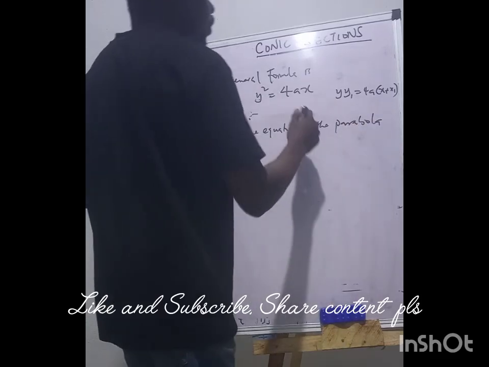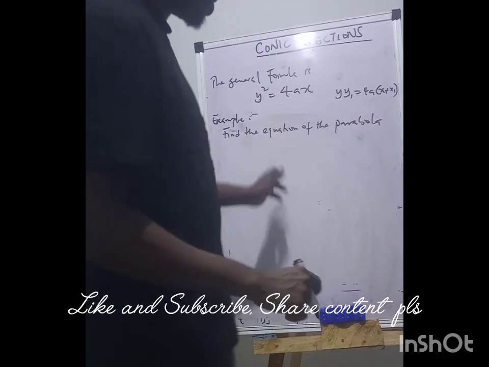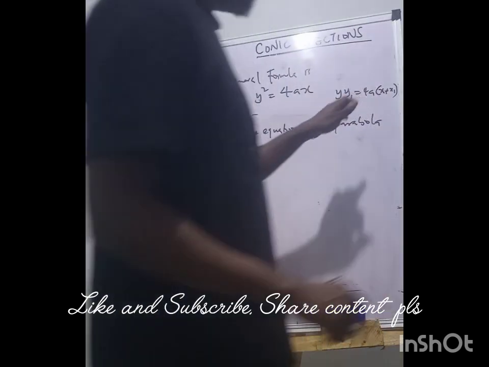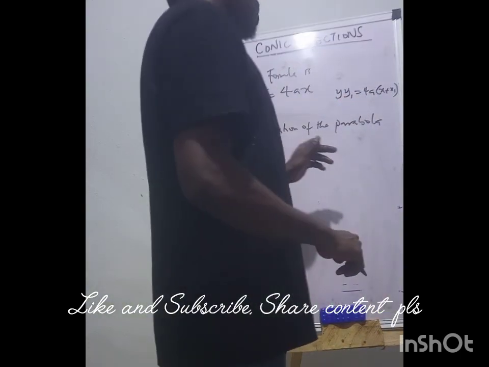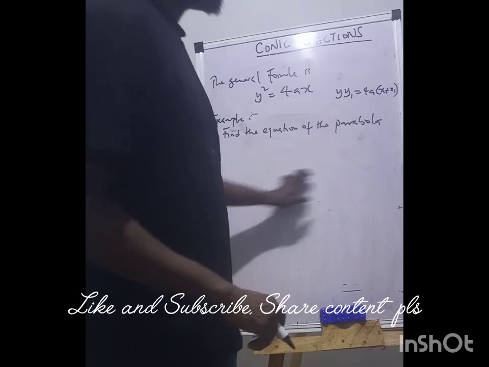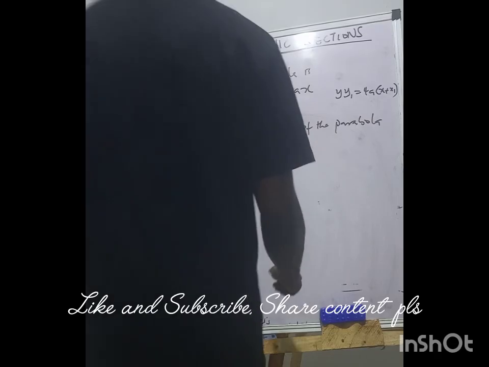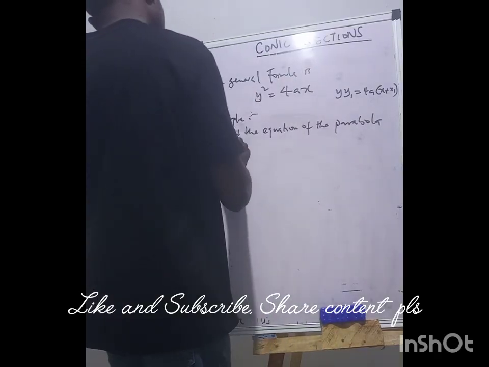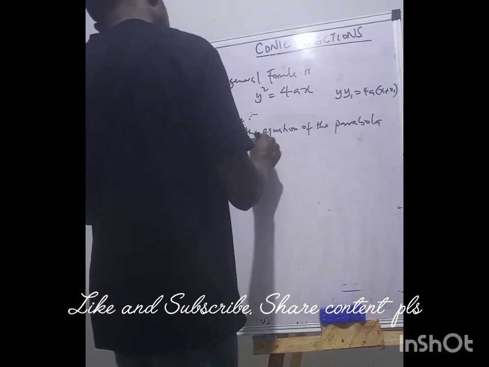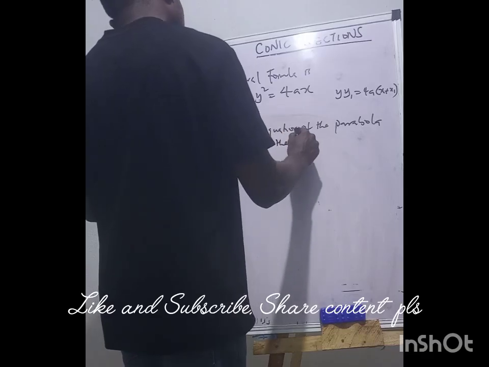Take note, there's a vertex which is the top, that's the A. A is the value for the vertex, and the A we got just now was when the focus was at 0. Okay? This vertex is the origin.